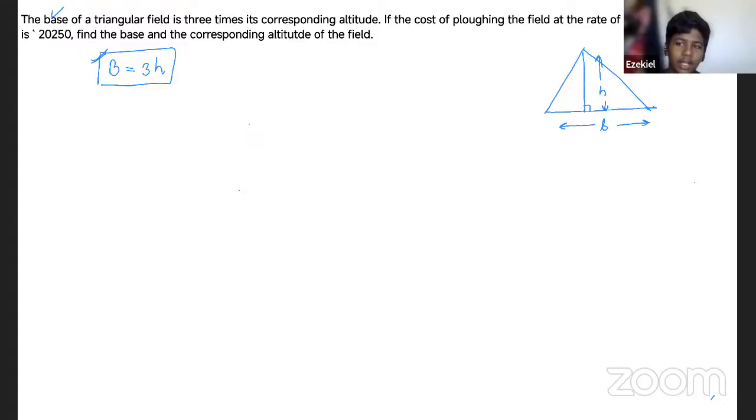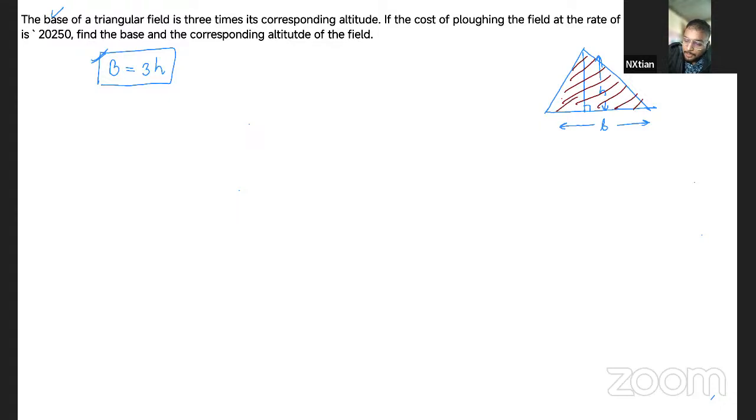If you want to plow this field, the plowing is basically related to area. So the cost of plowing the field is this much at the rate of this much.